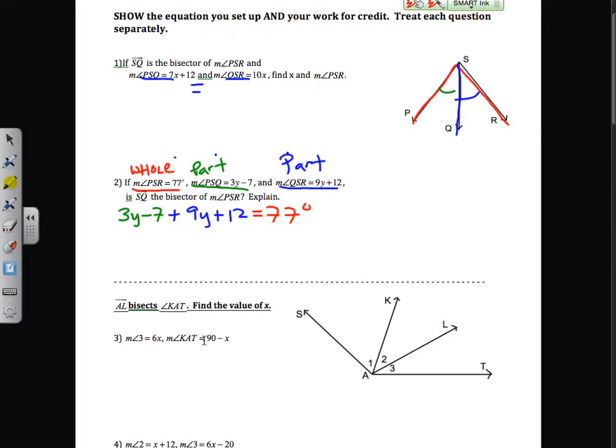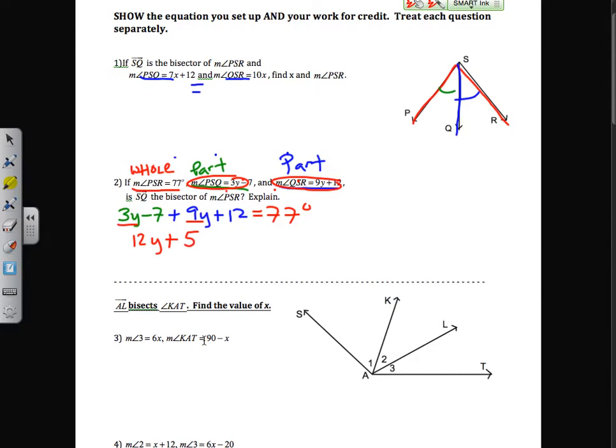You can't assume that these 2 are equal and set them equal to each other to solve for y. You'd get a value of y, but it's not going to be such that this plus this equals 77.